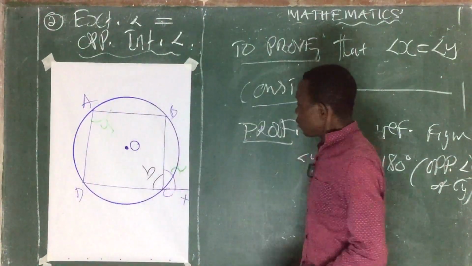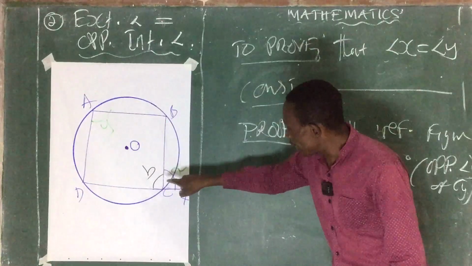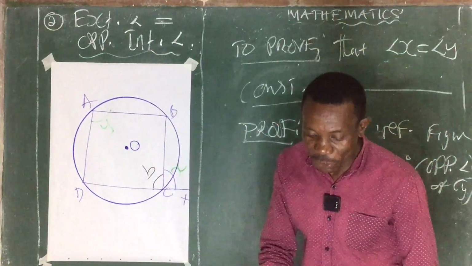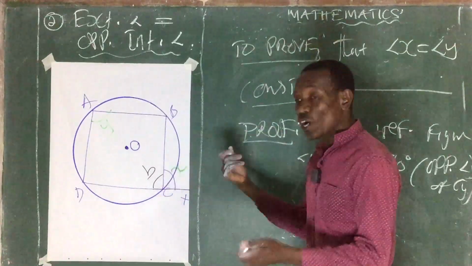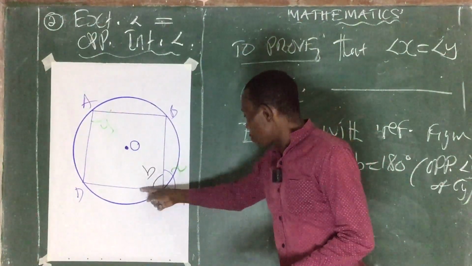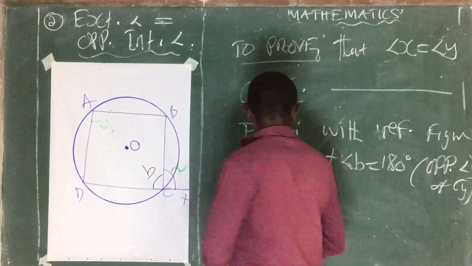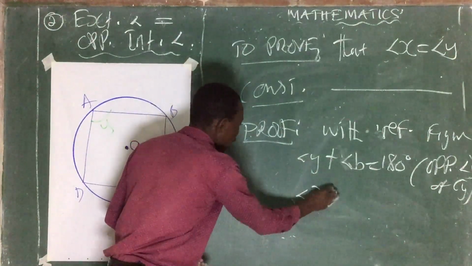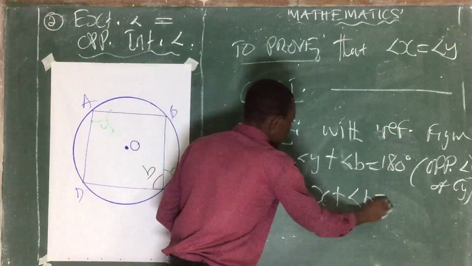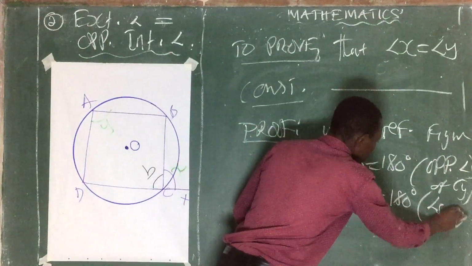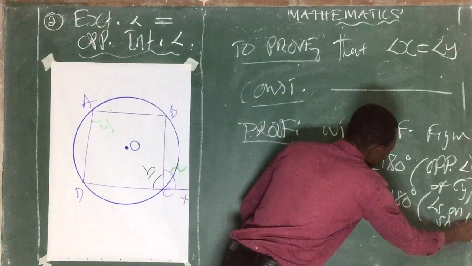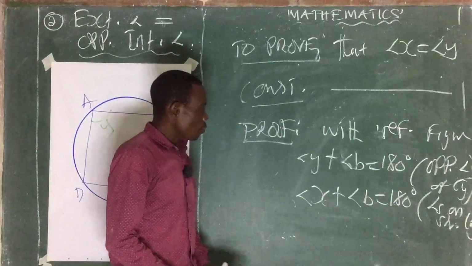And again, using the same angle B and X now, you're also going to realize that angle X plus angle B is also 180 degrees. This is angles on a straight line. So look at this.